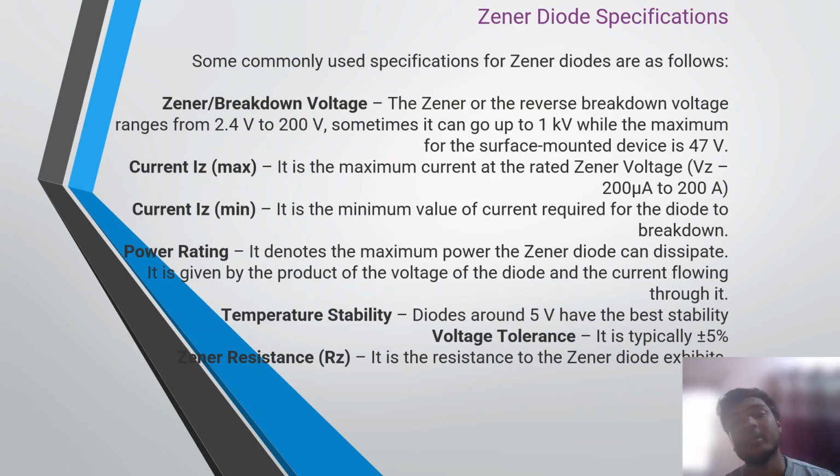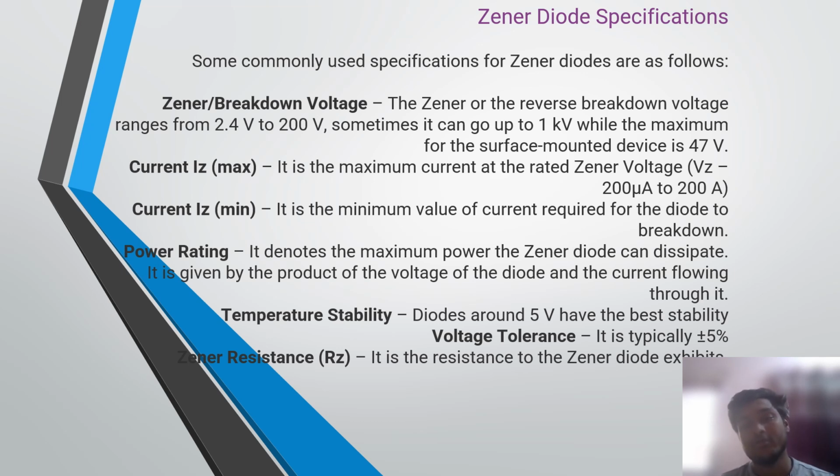Zener diode specifications. Some commonly used specifications of a zener diode are as follows. Zener breakdown voltage: the zener or reverse breakdown voltage ranges from 2.4 volts to 200 volts. Sometimes it can go up to 1 kV, while the maximum for surface mounted devices is 47 volts. Maximum current: the maximum current at the rated zener voltage.